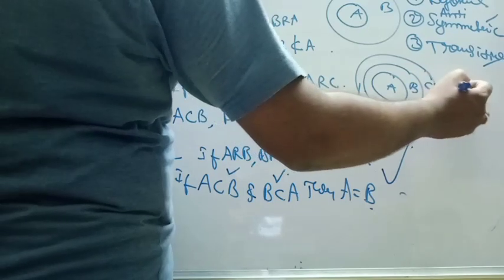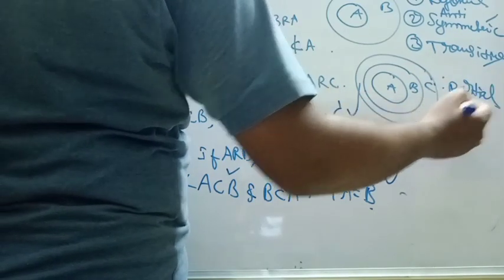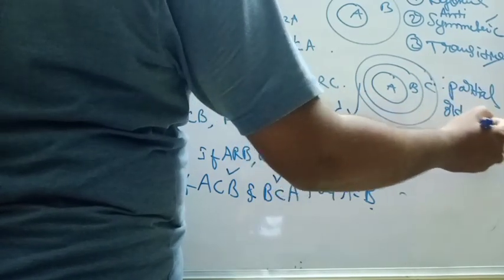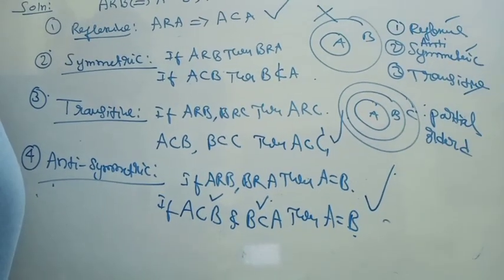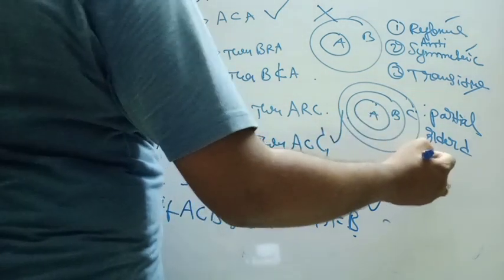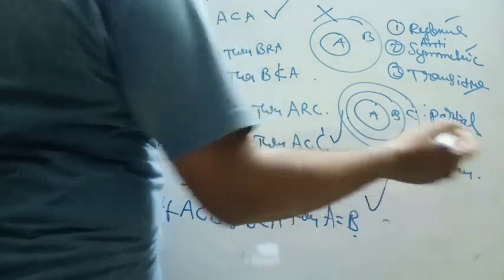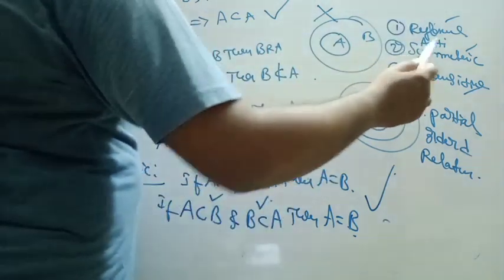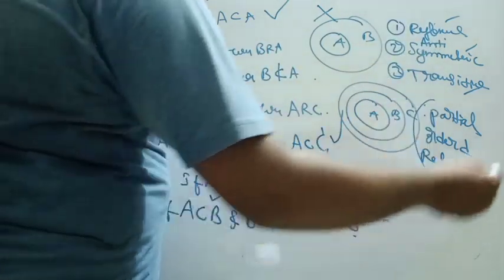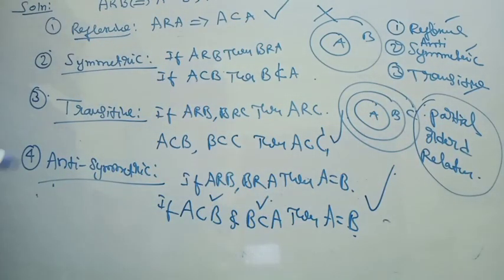Therefore, this relation is what you call a partial ordered relation. Any relation that satisfies reflexive, anti-symmetric and transitive, you call that a partial ordered relation. Right? Fine.